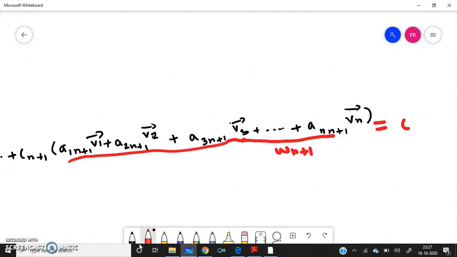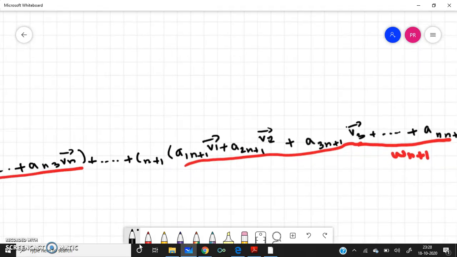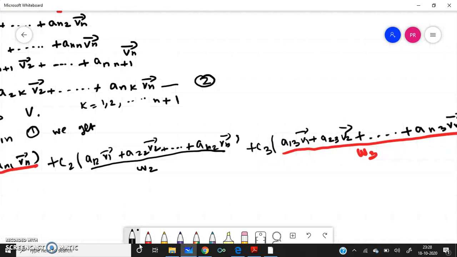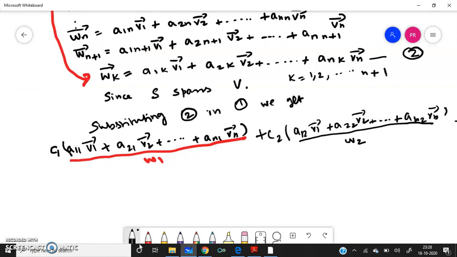This is my equation, equal to 0. So this is my equation 1, and in equation 1 I am substituting equation 2. Now you can understand, I think, right? It's so big, so instead I can write in shortcut.